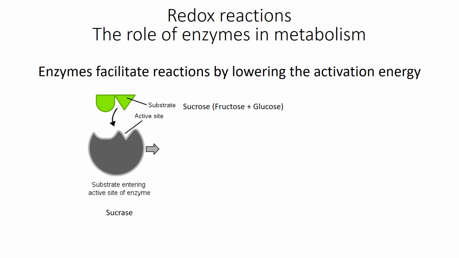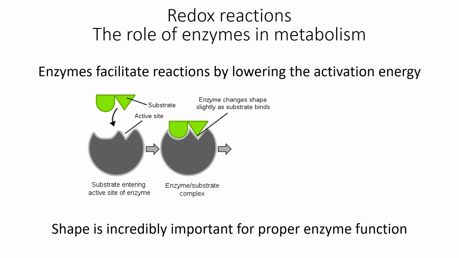So you can take your substrate, for example, sucrose, which of course is a dimer of fructose and glucose, and we want to break that down into the individual building blocks, glucose and fructose. Well, sucrase is an enzyme that will do that, and it has an active site. Next, the enzyme is going to bind with the substrate, and it's going to slightly change shape, and it's going to form an enzyme-substrate complex.